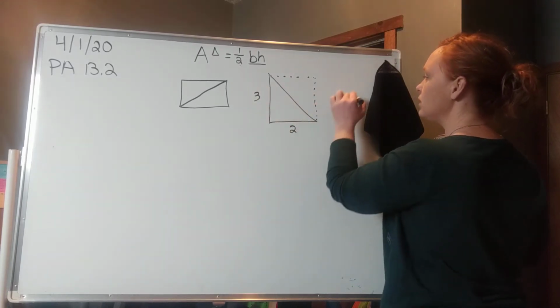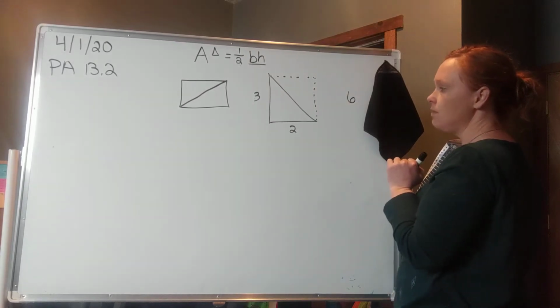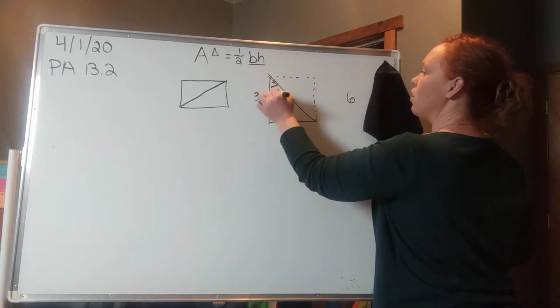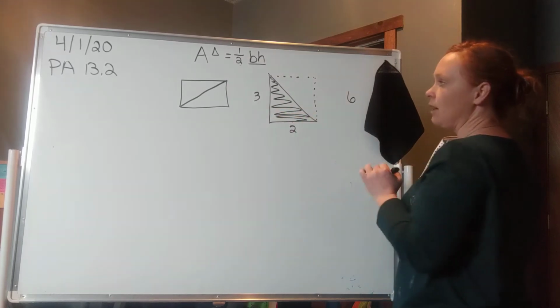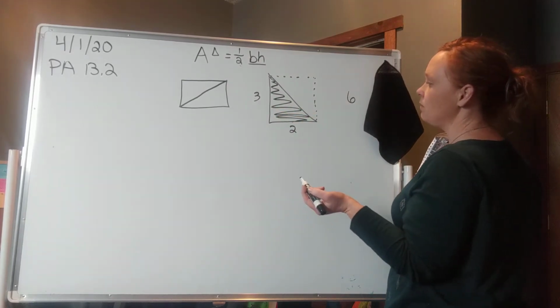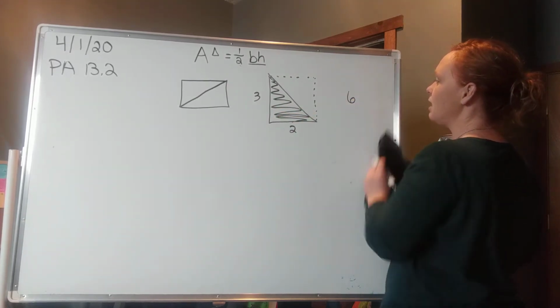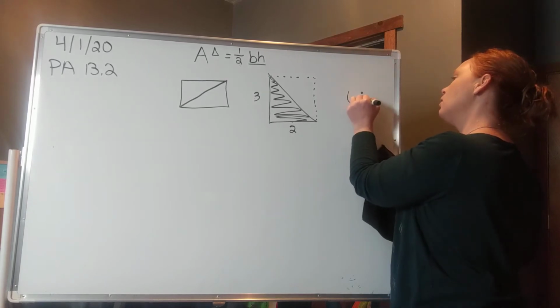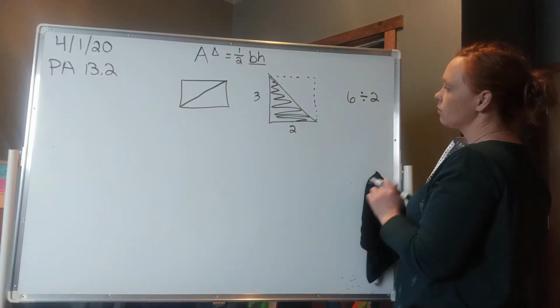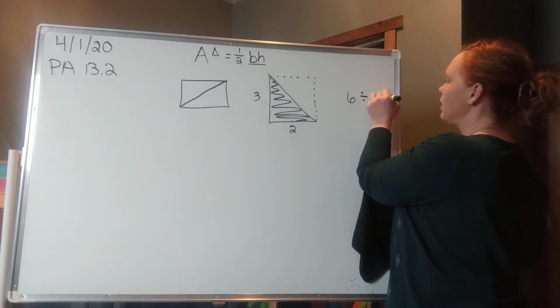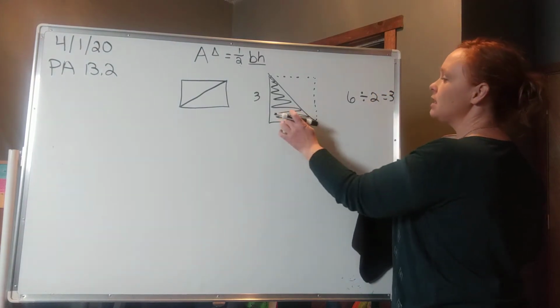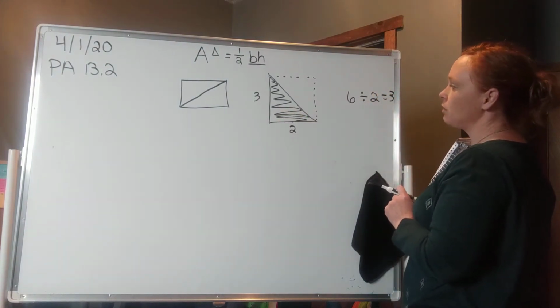So 3 times 2 is 6, okay? But I know that my triangle only takes up the area of half of a square or rectangle. So I'd want to take my 6 and cut it in half, or divide it by 2. Okay, and 6 divided by 2 is 3. So I would say that this is 3 square units.